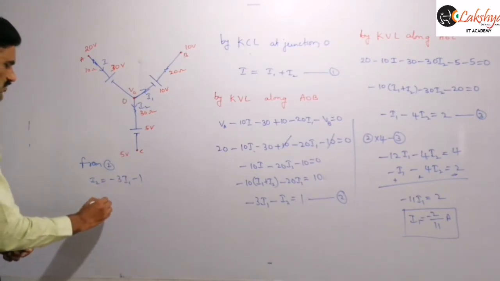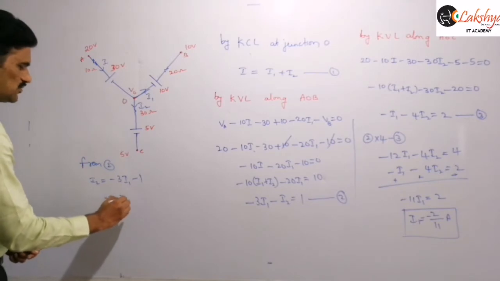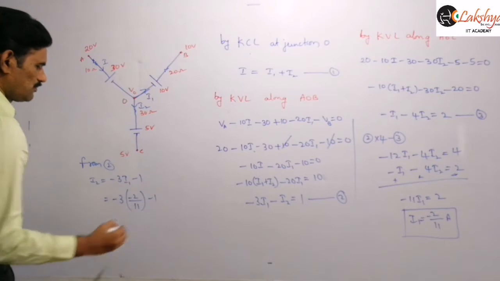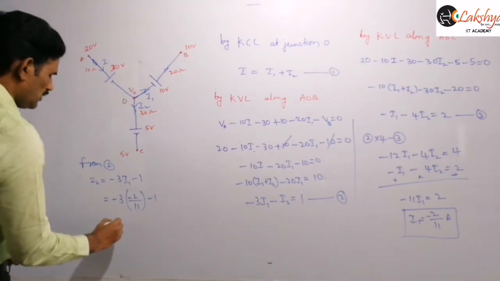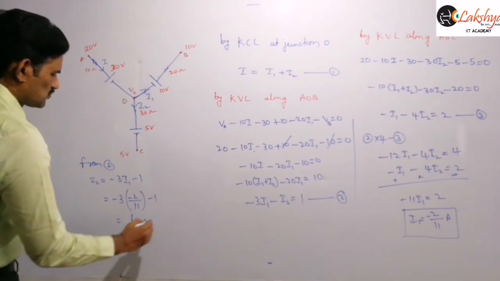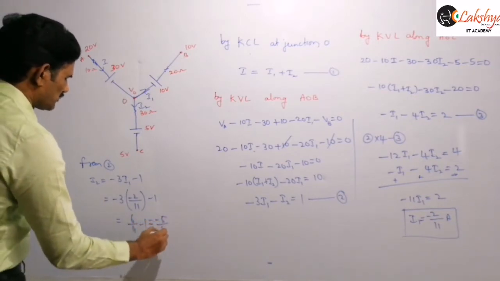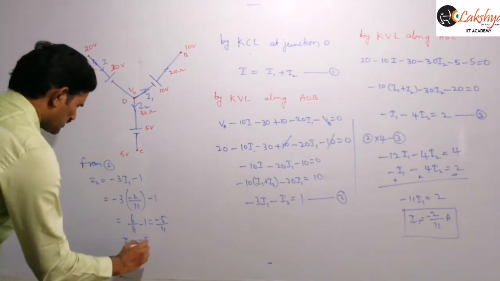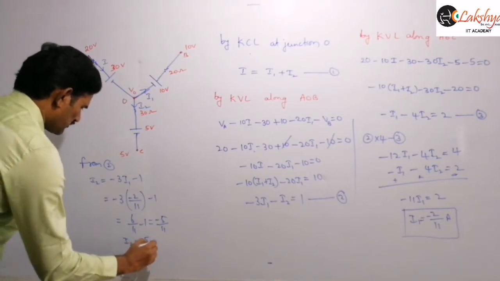Then we can write it as minus 3 into the I1 value, we can substitute here, minus 2 by 11, minus 1. Then it is 6 by 11 minus 1, which is minus 5 by 11. So therefore I2 value is minus 5 by 11 amperes.